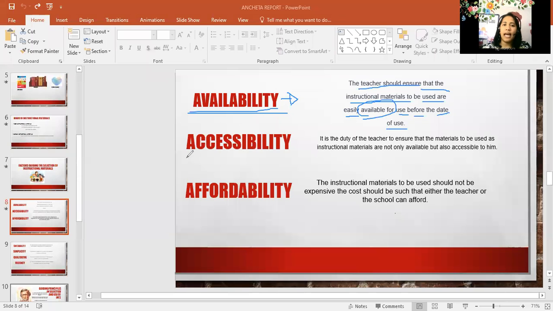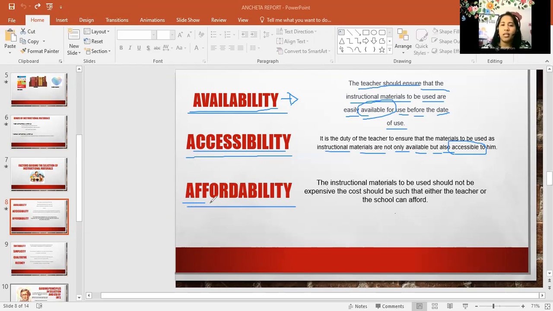Okay, next is the accessibility. It is the duty of the teacher to ensure that materials to be used as instructional materials are not only available, but also accessible to the teacher and also to the educator who is using the material. Next is the affordability.